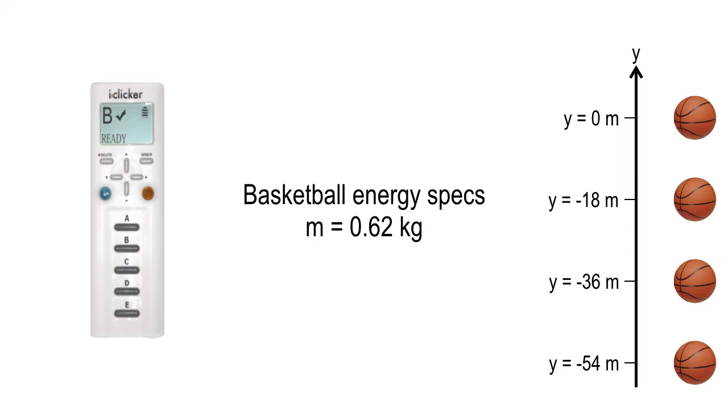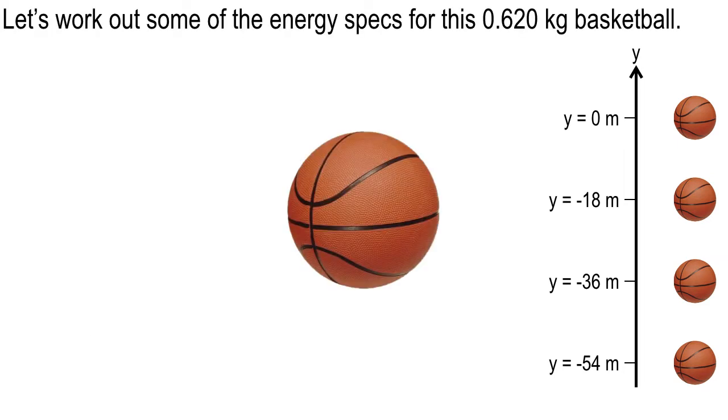So here's what we're going to do. First of all, we're going to calculate the weight force, because work is force times delta x, or in this case, force times delta y. We have a vertical weight force, and it's falling, so we have a vertical delta y.